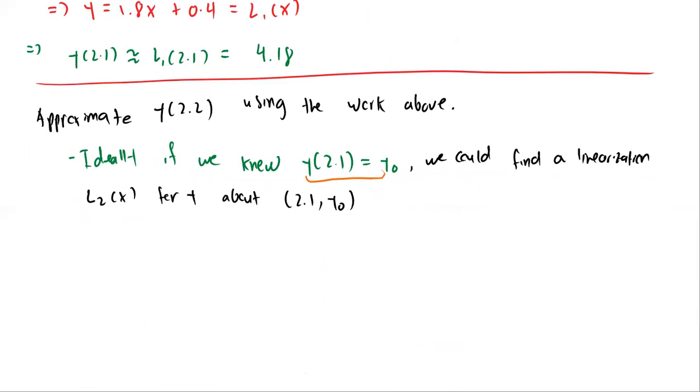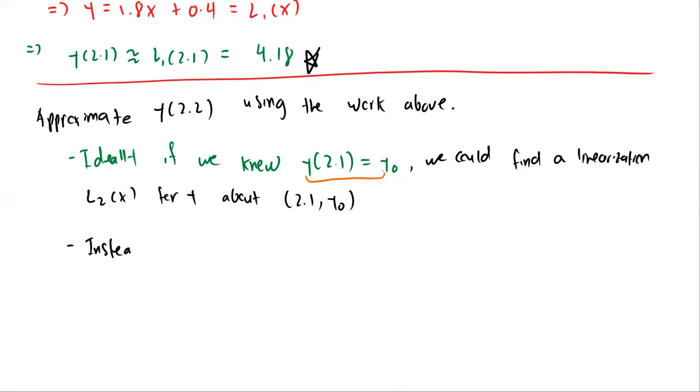Unfortunately, we don't know what y of 2.1 is. However, from the work we did above, we do have an approximation for y of 2.1. So y of 2.1 is not 4.18, but we're hoping that it's a close enough approximation. So what are we going to do?